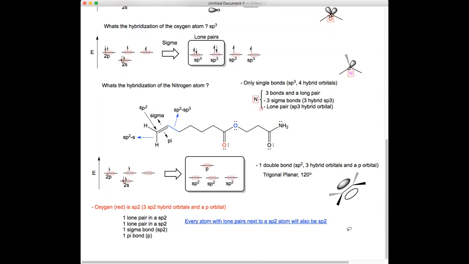Cannot emphasize this enough. Every atom with lone pairs next to an sp2 atom will also be sp2.